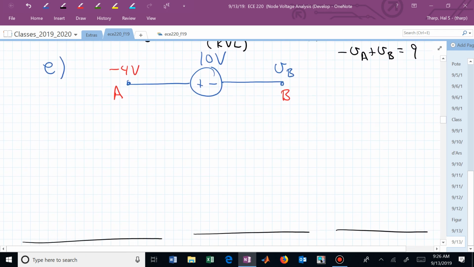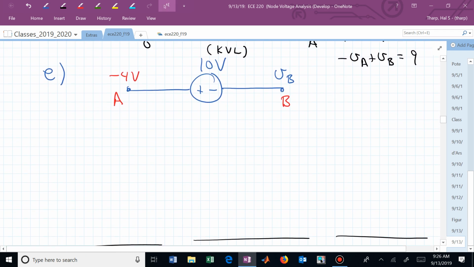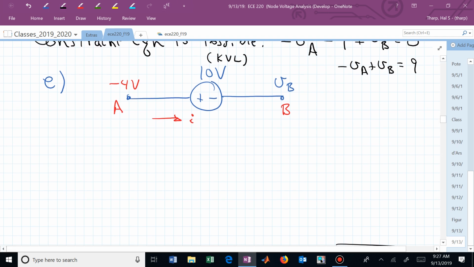All right, you're getting tired of these. This is the last one. What is I here? This looks very similar to what we just talked about, does it not?